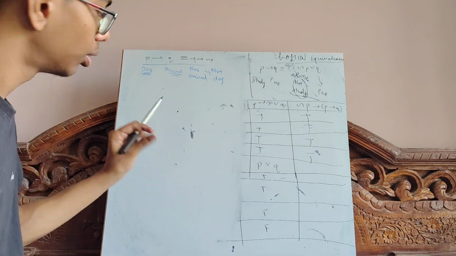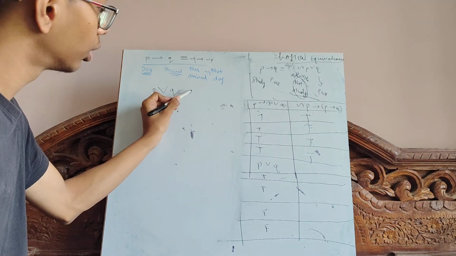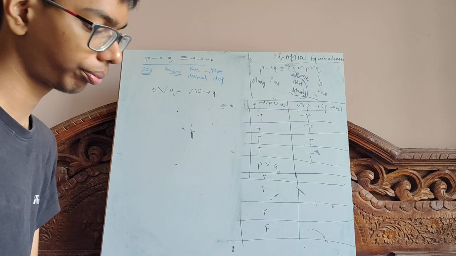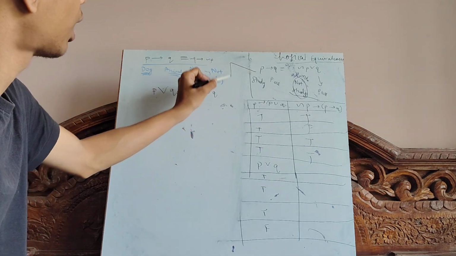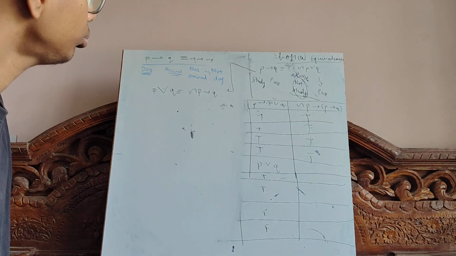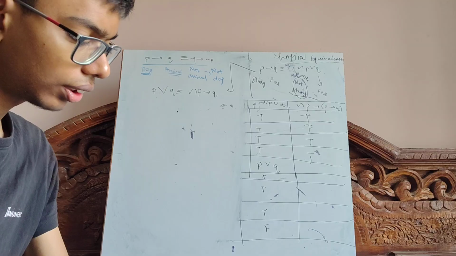Next one is P or Q equivalent to negation of P implies Q. So simply what I did, in this I applied negation on both sides. Let me see.